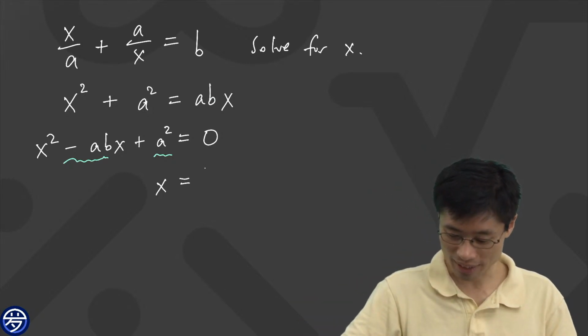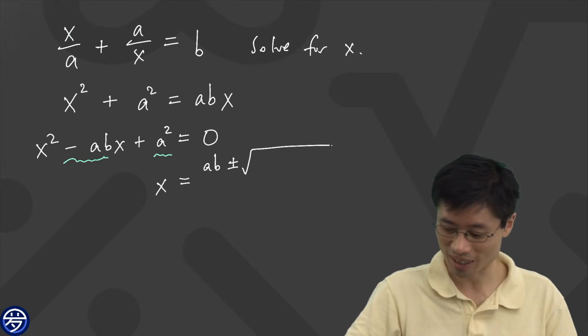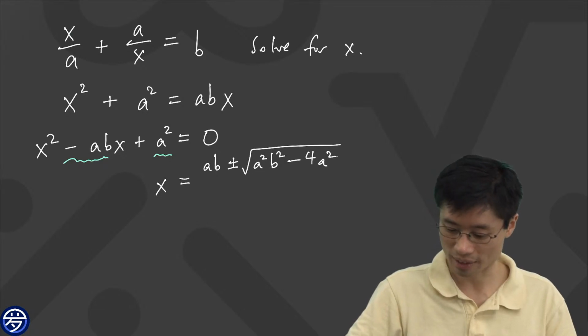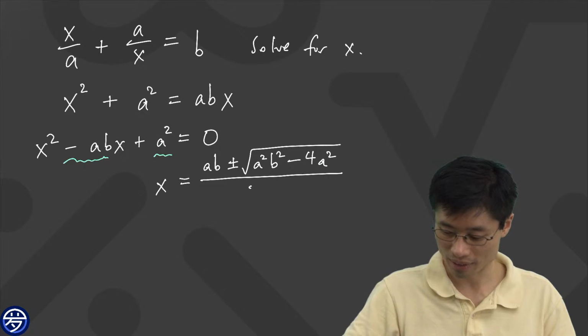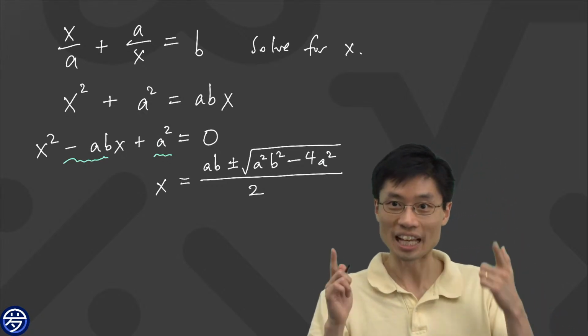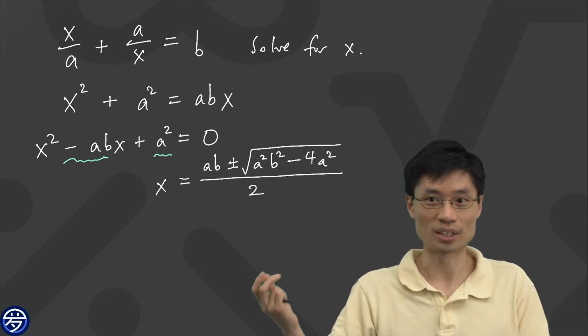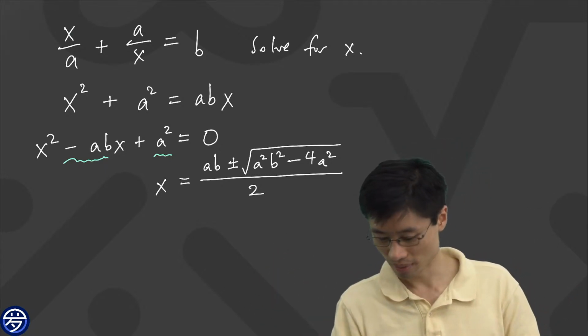So what's that thing again? Oh, we got to sing, right? Negative this thing plus or minus the square root of this thing squared minus 4 times the first and the third, divided by 2. Okay, that's your answer. This thing, which is kind of mysterious, there's no simplification. Well, I guess there is.